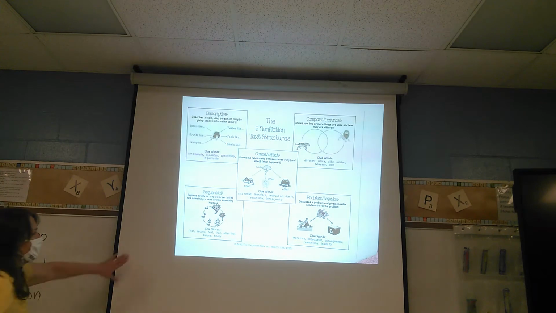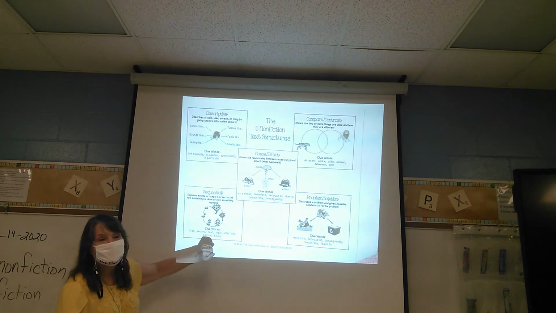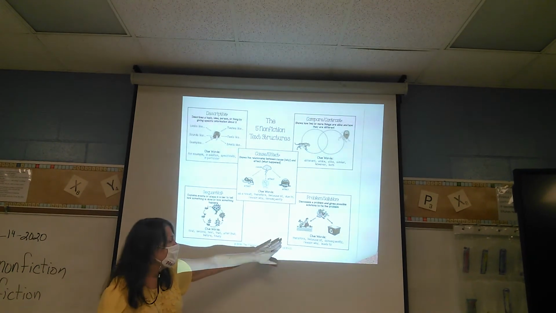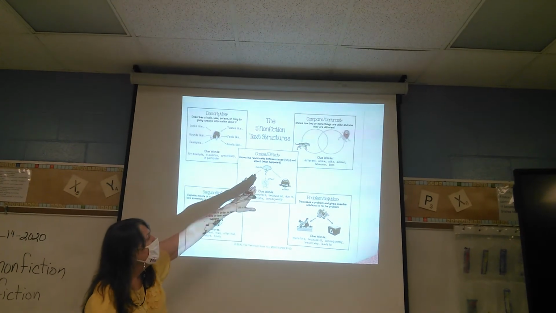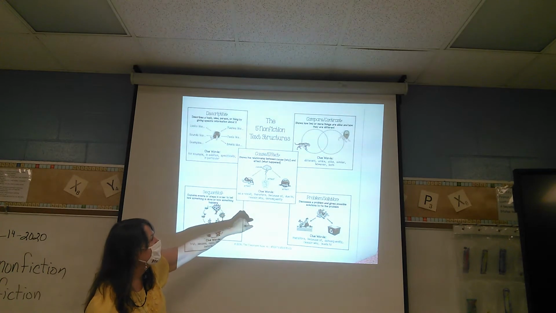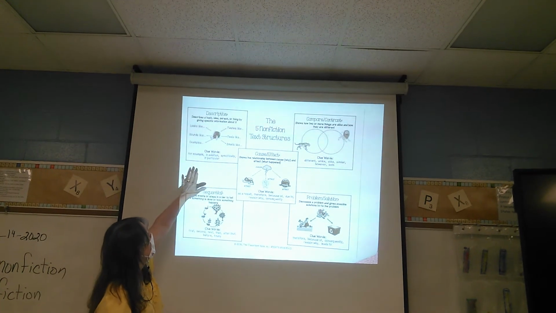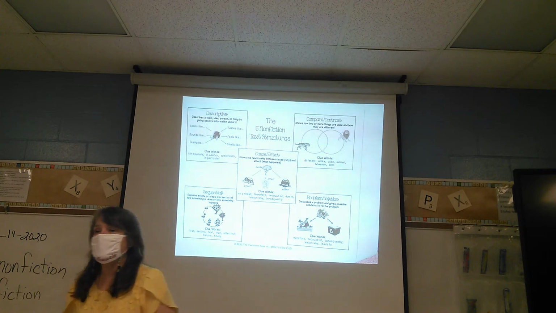For example, sequential or chronological order has first, second, next, then. Problem solution has words like therefore, because of, consequently. When you're doing compare and contrast, you have different, unlike, alike, similar. Cause and effect has as a result, therefore. And then for descriptive, you have for example, in addition to, specifically, in particular.